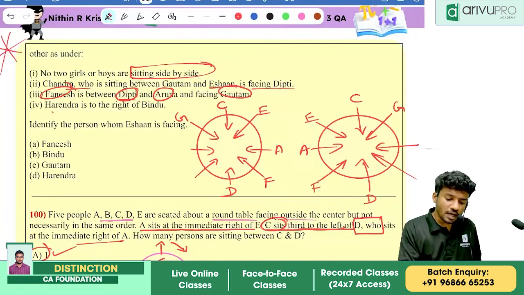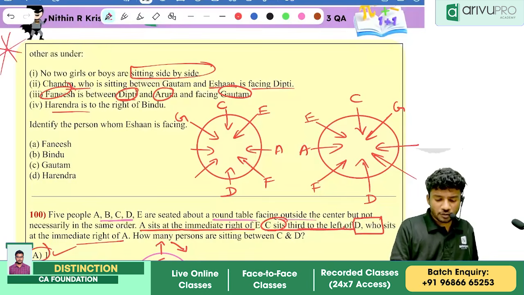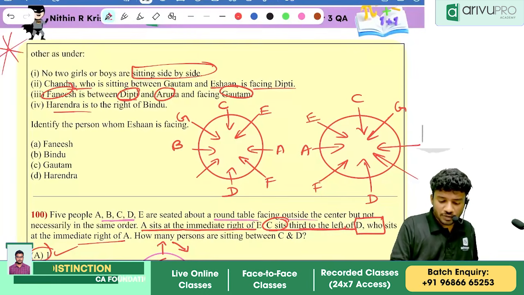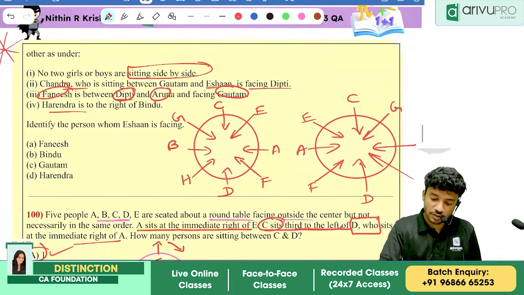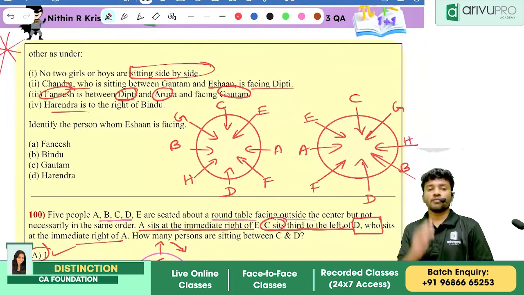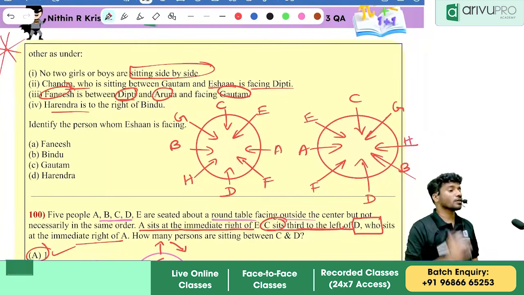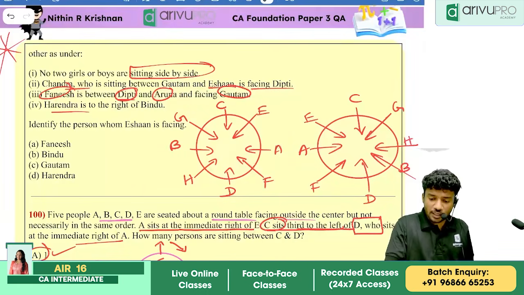Then Harendra is to the right of Bindu. If Bindu is here, Harendra will be here. Or here, what's the case? If Bindu is here, Harendra will be here. Which picture is correct? Which is wrong? First one is correct. Look at the second one.